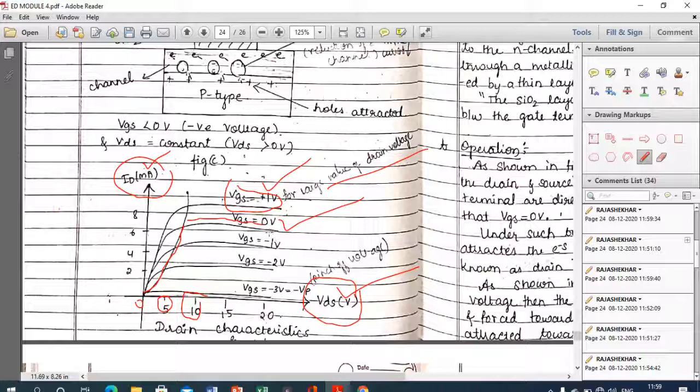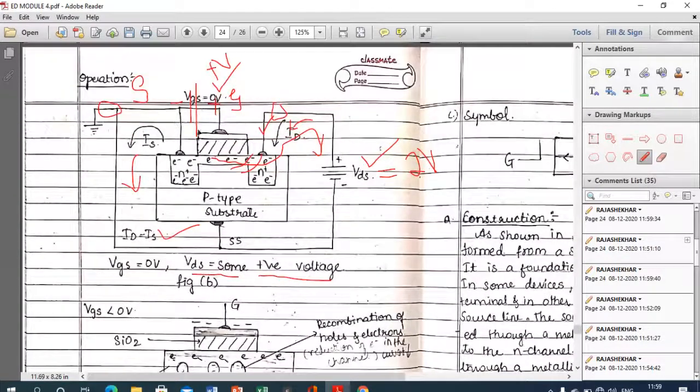Apart from that, if you want to decrease the current, then you have to change VGS from 0 to minus 1 volt. If I reverse this voltage, instead of this plus, I make it minus and this becomes plus, then this negative potential will attract the electrons present in the channel.